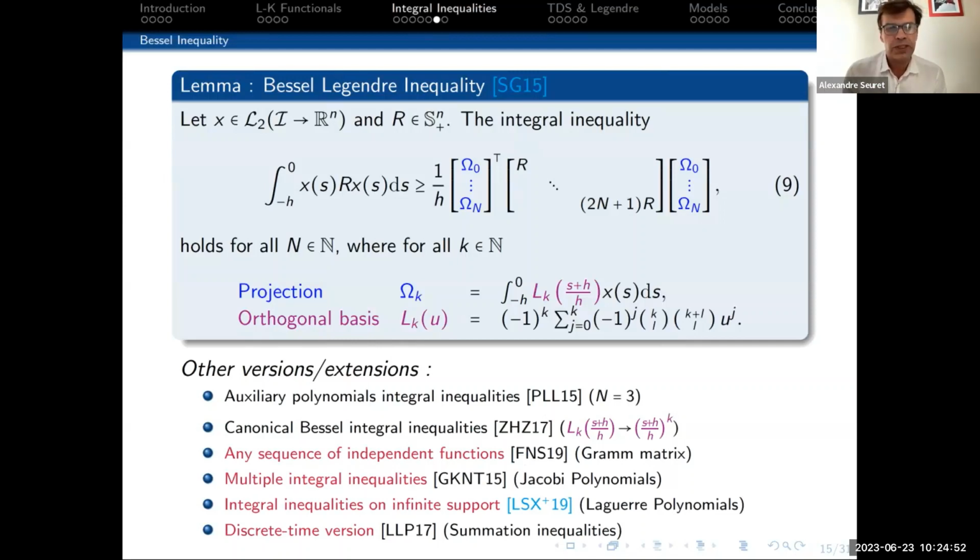You have also the case of multiple integral inequalities that was done in the work of Gierkowicz, and the extension to the case of integral inequalities on infinite supports. And recently also the application of this kind of lemma to the case of discrete-time summation inequalities.